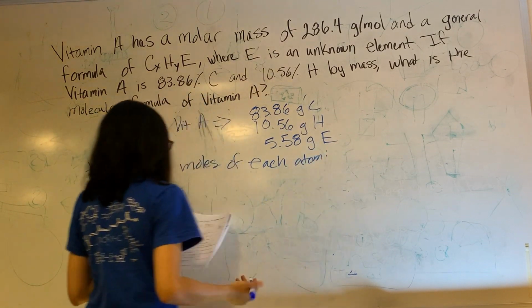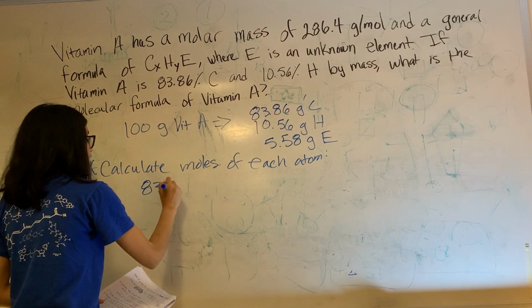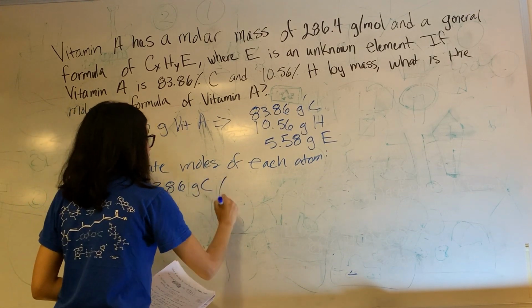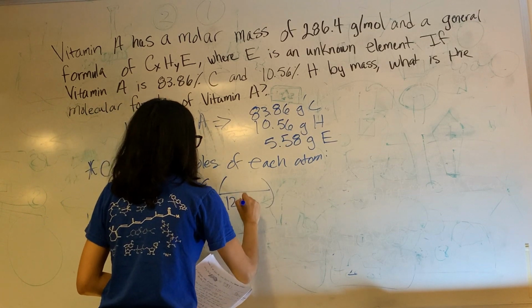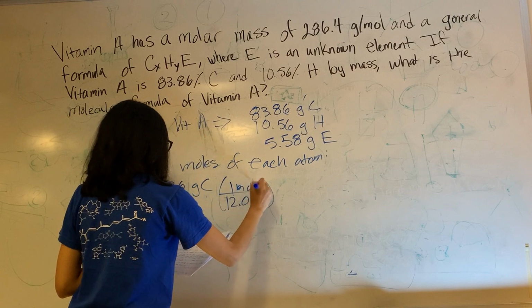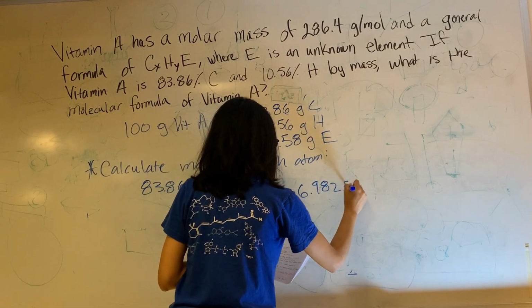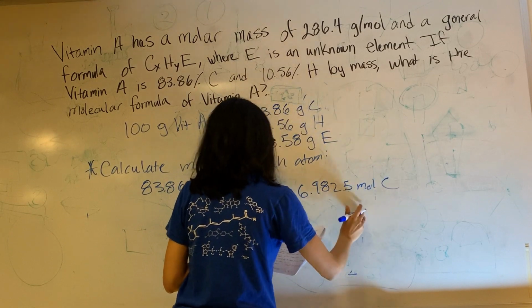So doing this the normal way, we would go with, okay, we've got 83.86 grams of carbon. We use the molar mass from the periodic table, and we'd end up with 6.982 moles of carbon.